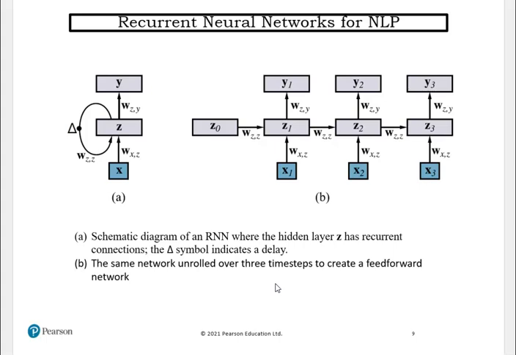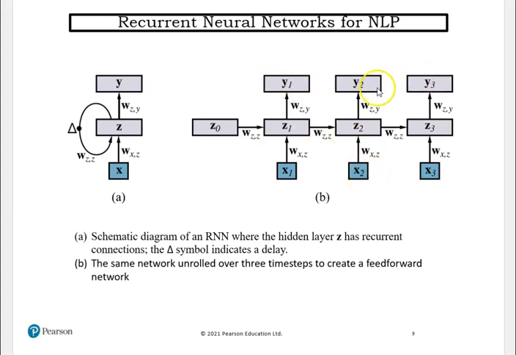Each input xi is a word embedding vector, so x1 is the vector representing the first word in the sentence, and then you have y1, which is the word that comes after x1. So essentially, the true y1 is x2.